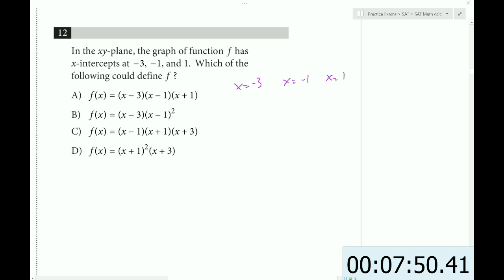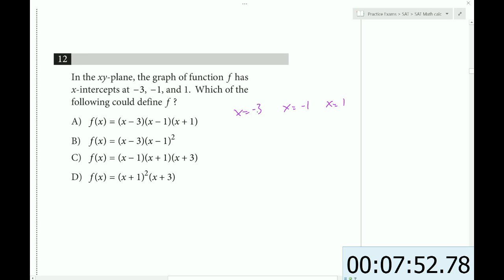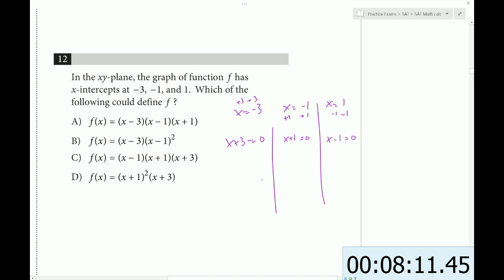So if we went one step backwards, we can add 3 to both sides, plus 3 plus 3, and that would give us x plus 3 equals 0. We can add 1, we get x plus 1 equals 0, right? And we can subtract 1, we get x minus 1 equals 0. So our factors would have been x plus 3, x plus 1, and x minus 1.